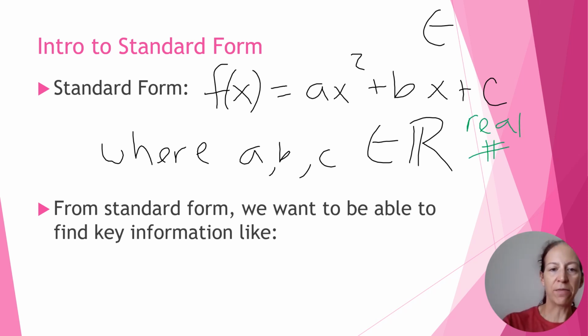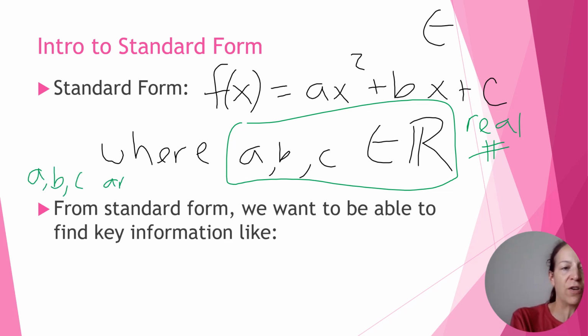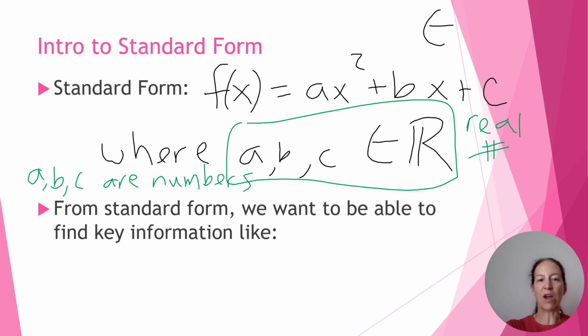Okay. Now, you see this right here. What you right now need to get out of that is just this. A, B, and C are numbers. Okay, that's all that means. That's a super mathy way of saying that they are numbers.